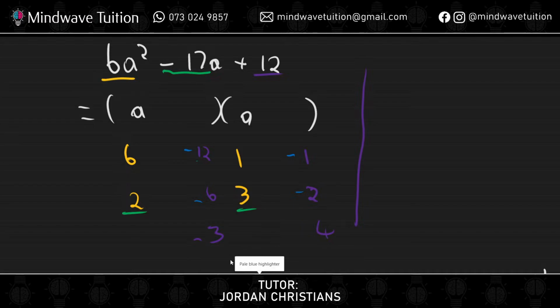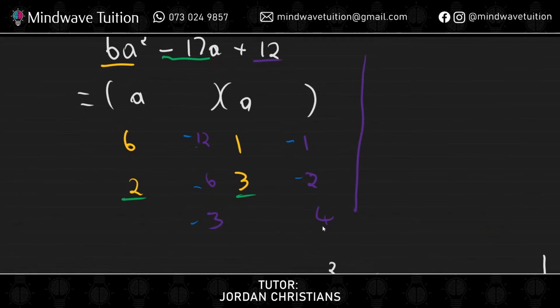So negative 3 times positive 3 will give us negative 9. And now 2 times negative 4 will give me negative 8, and minus 9 minus 8 will give me minus 17. So this means that the numbers that go in front will be 2 and 3, negative 3 and negative 4.